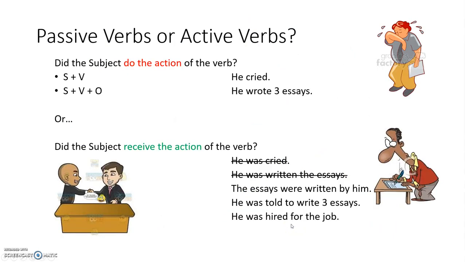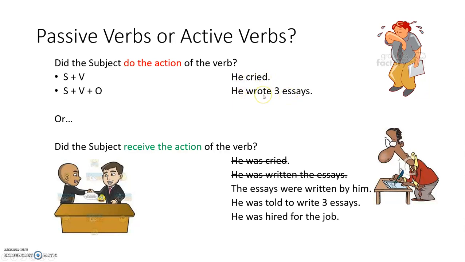So let's start looking at some differences between passive verbs and active verbs. Think about this question. Did the subject do the action of the verb? Did the subject do the action? So look at these basic sentence patterns. Subject plus verb plus object. So he cried, he wrote 3 essays.